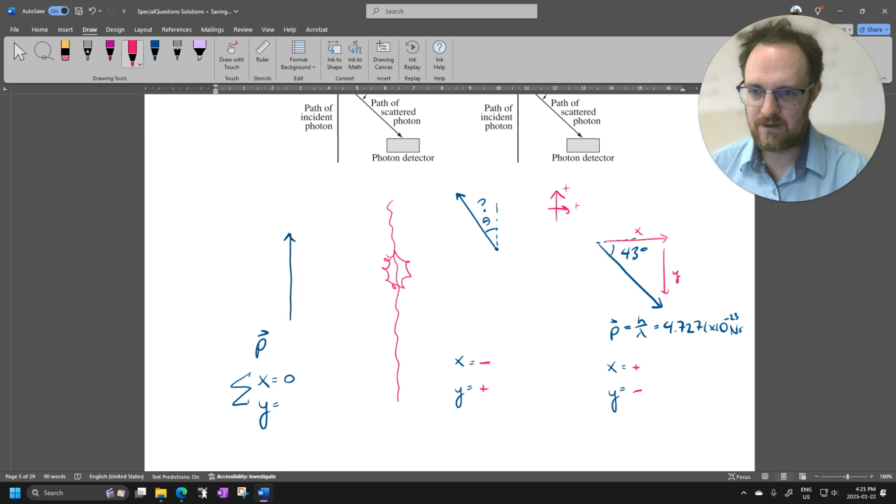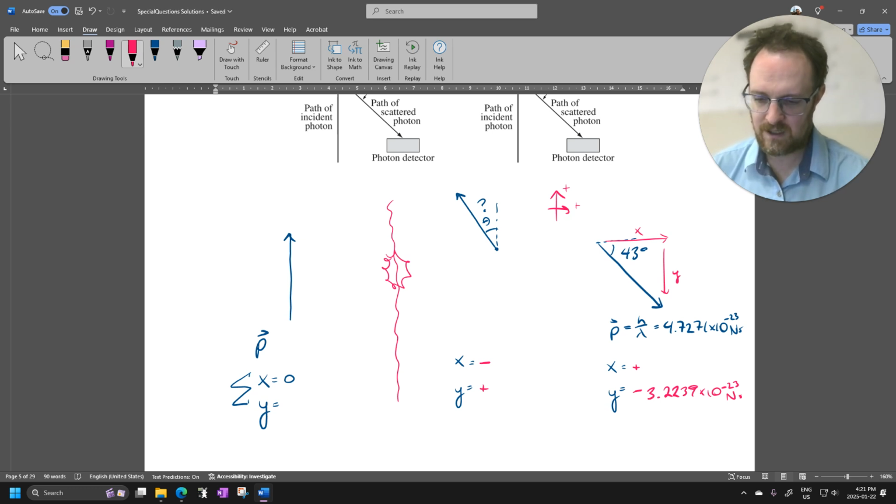So I'm going to do the y first. Times sine 43. Again, making sure your calculator's in the right mode. Then over here, you're just going to divide, back to that number. And then I'm going to do cos for the other one. So times cos 43. Approximately the same, but not exact.